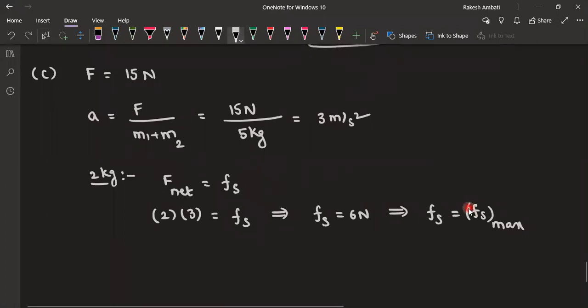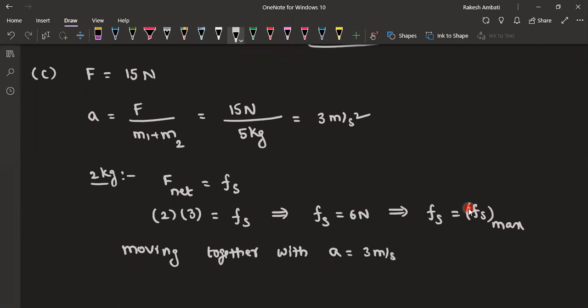So what common acceleration? 3 meter per second square. And what is the nature of the frictional force? Static. And what is the magnitude? 6 newtons.